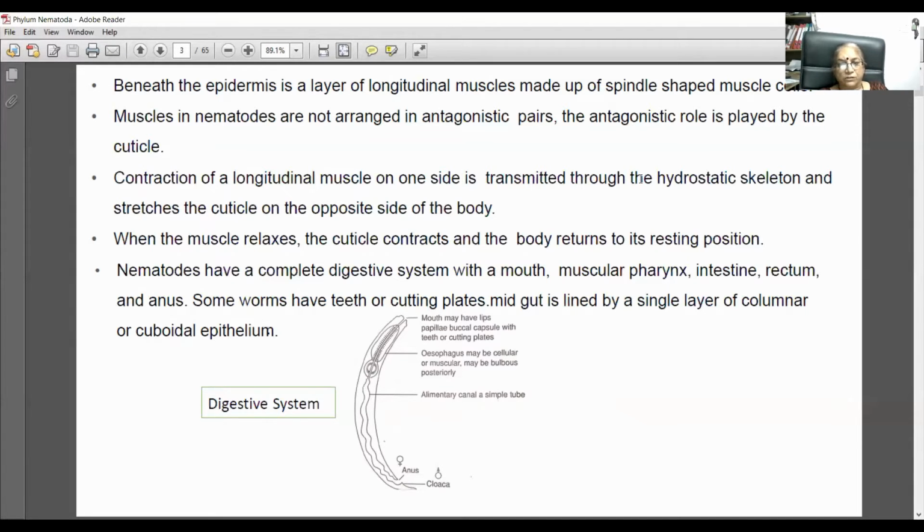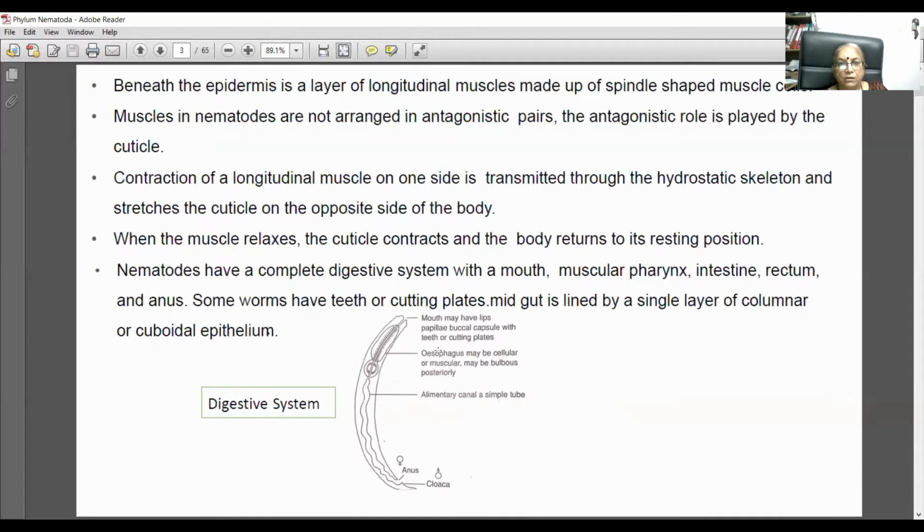Now this is the picture. You can see at the anterior end there's a mouth, which has lips, papillae, and a buccal capsule with teeth or cutting plates. All this is present in this particular area.